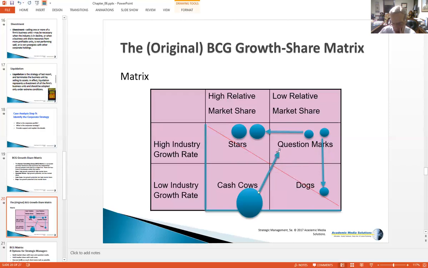The other thing, of course, that happens with the cash from the cash cow is that because stars are still growing, they may need a little extra cash too. But because they're growing and because they have a high market share as well, research demonstrates that they probably also have high profit margins. So this is great. We've got stars that are generating profit.